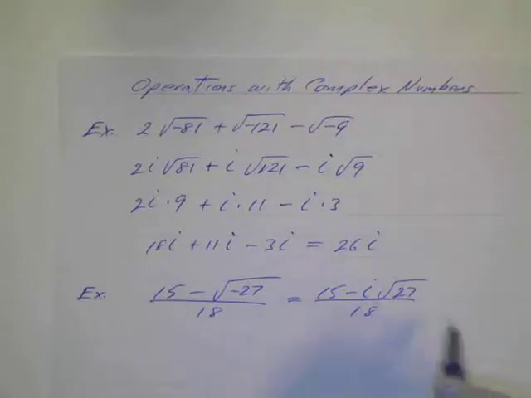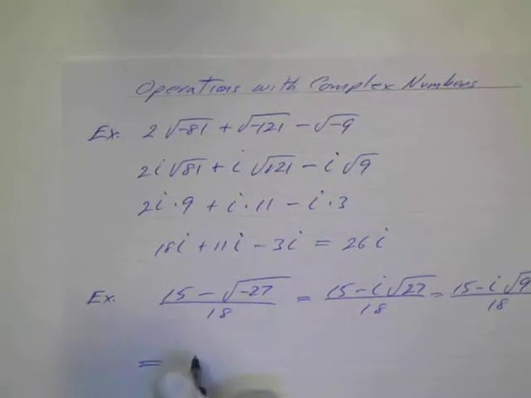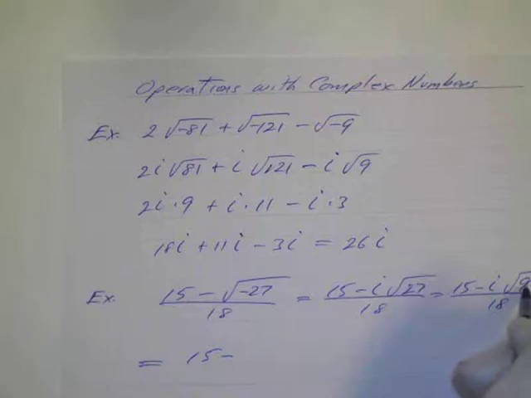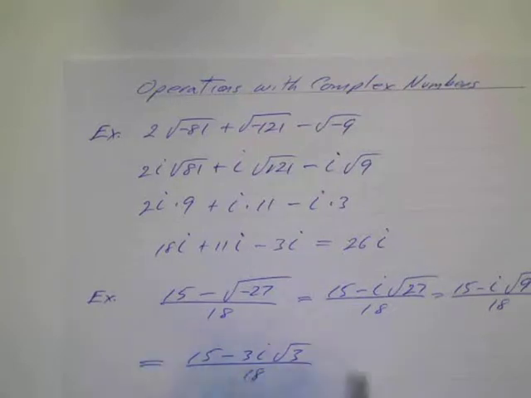Now, we can simplify this because it has a perfect square factor, so this is the same thing as 15 minus i times the square root, and 27 is the same thing as 9 times 3, all over 18. And I know that 9 is a perfect square, so this is going to be the same thing as 15 minus, the square root of 9 is 3, so 3i times the square root of 3, all over 18.